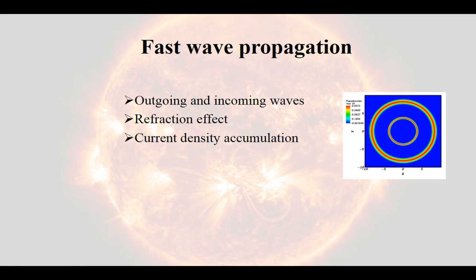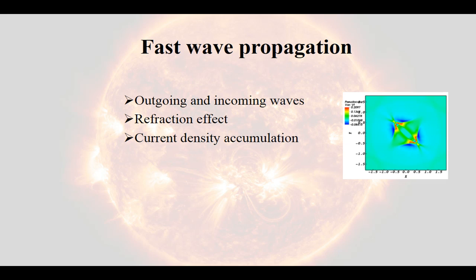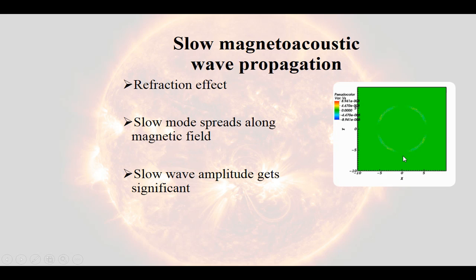As we see, our initial pulse is naturally divided into two waves, which are called incoming and outgoing waves. The outgoing wave propagates toward the boundaries, and it's not our aim of study. The incoming wave moves toward the null point and refracts around it, and refraction of the fast wave around the null point leads to the current density accumulation at the null point that we discuss later. Here we have refraction of the fast wave around the null point.